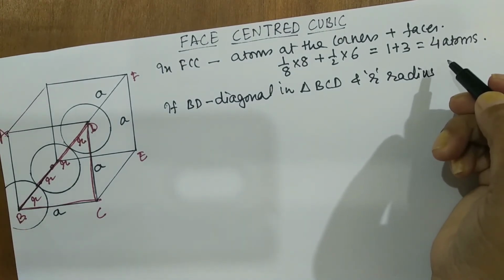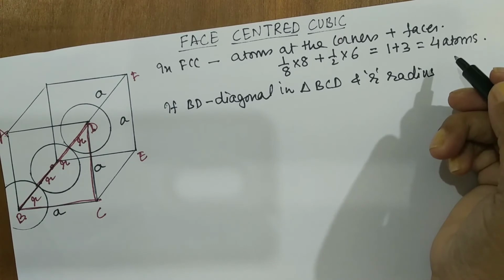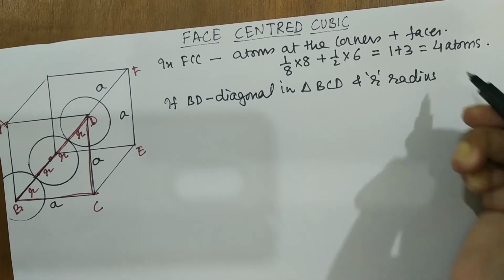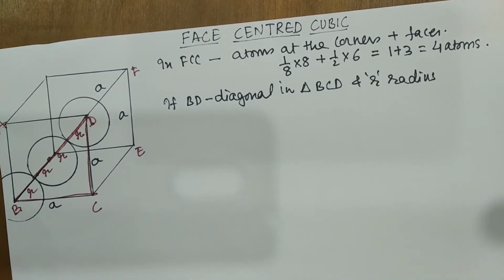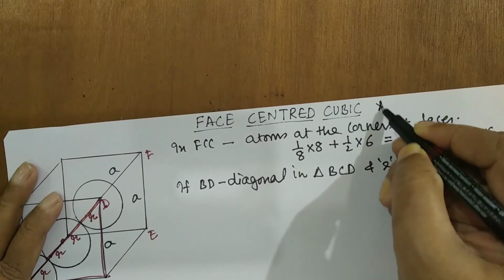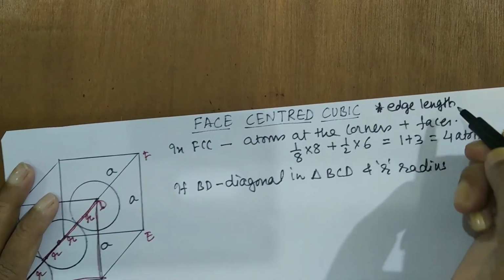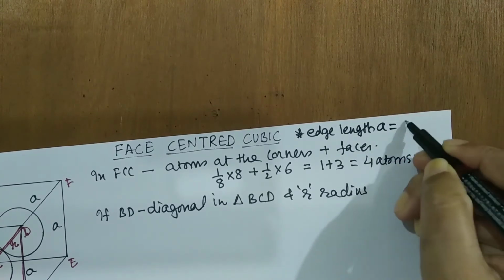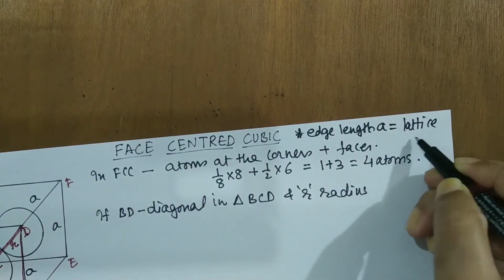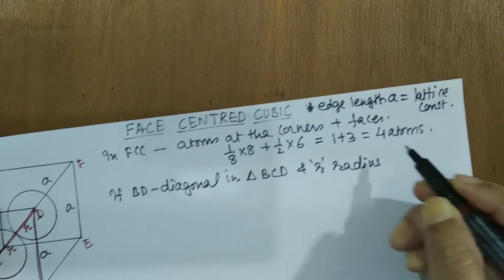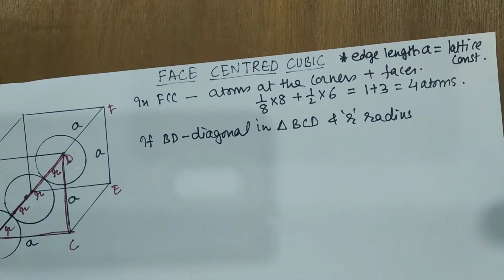Lattice, or I can say radius, students, that is the lattice constant. So that is also very, very important. You should know what the actual terms are and how the terms can change. So I am marking here that the edge length, that is A, is also called as lattice constant. That is very important. So this is also called as lattice constant. So come to this now.